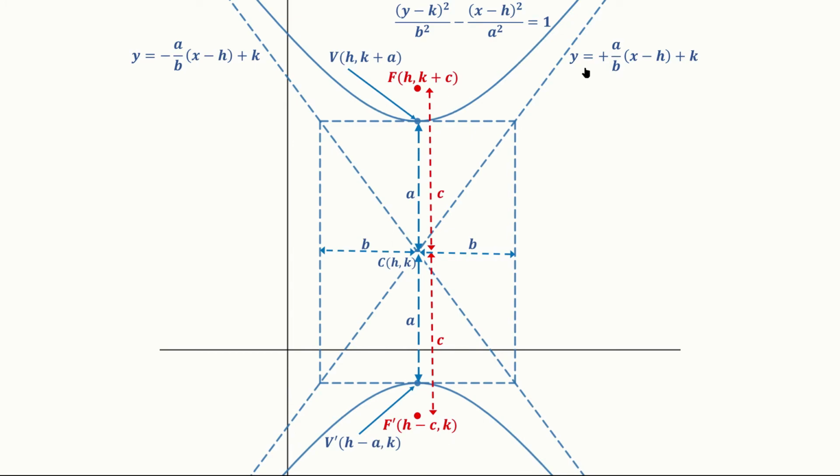And for the asymptote equations, you also know that it's going to be of the form plus or minus a over b times x minus h, plus k. And there are those, okay?